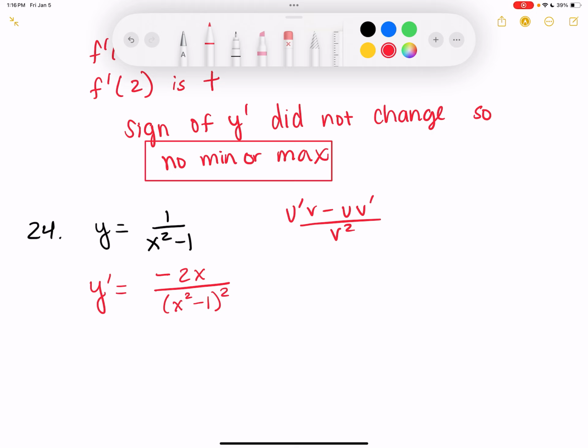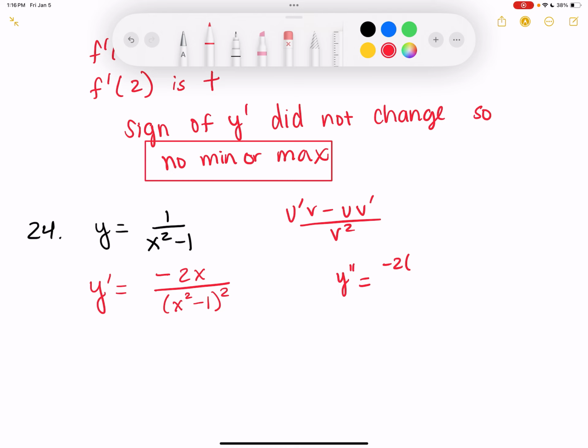And second derivative. Let's get negative 2 times... Oh, is that a chain rule?